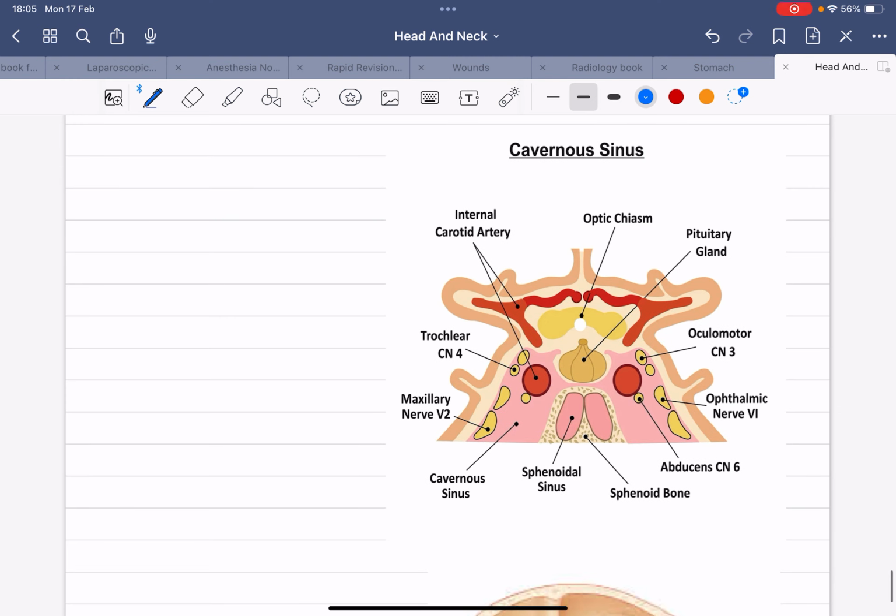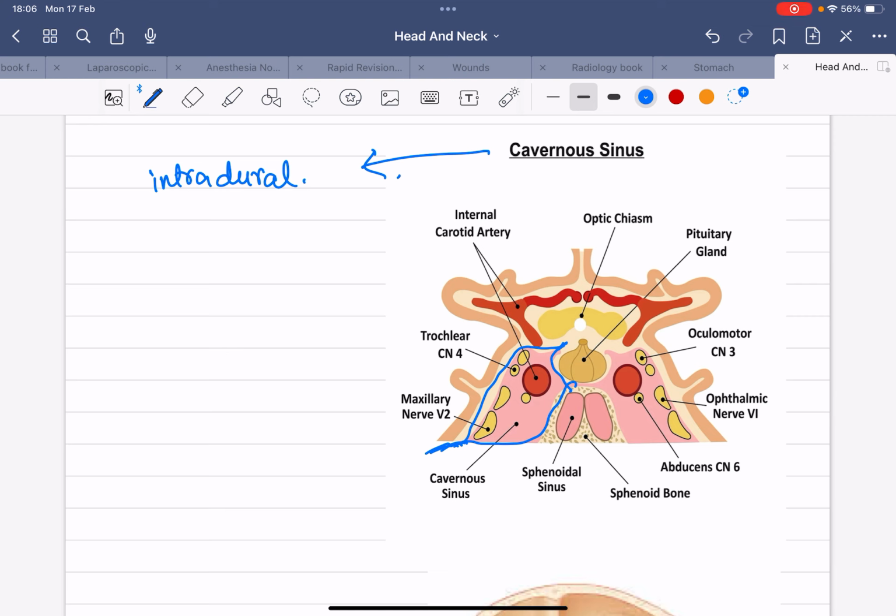One last thing which you must remember in relation to the cavernous sinus. As I already told you, it is intradural. And when it is intradural, see here, these are the two layers of the dura mater, and now they are enclosing these structures. Some structures pass through the cavernous sinus.